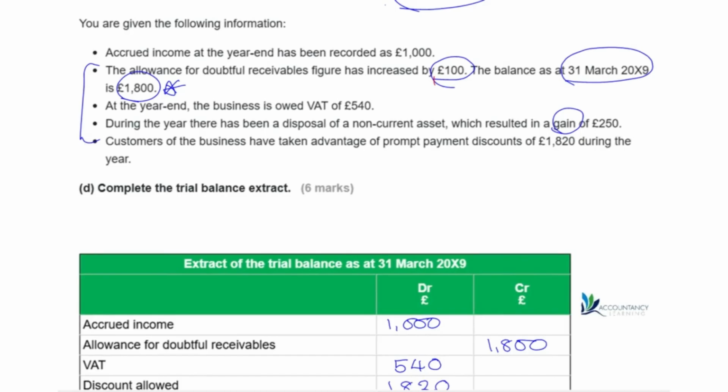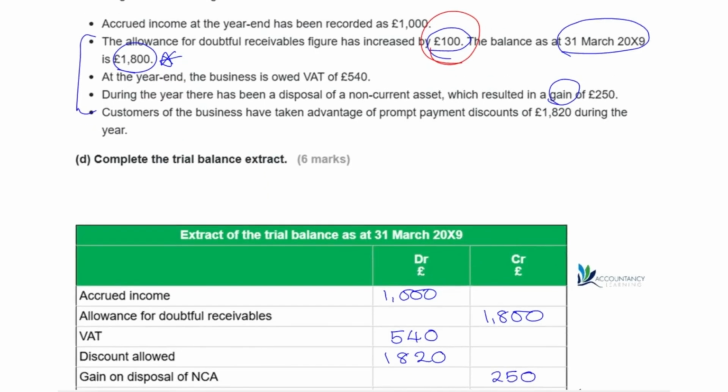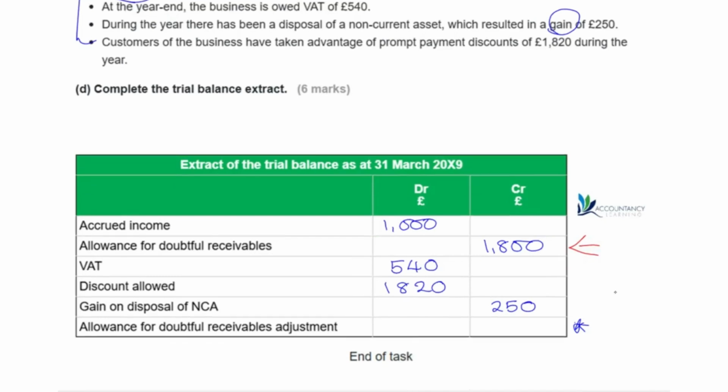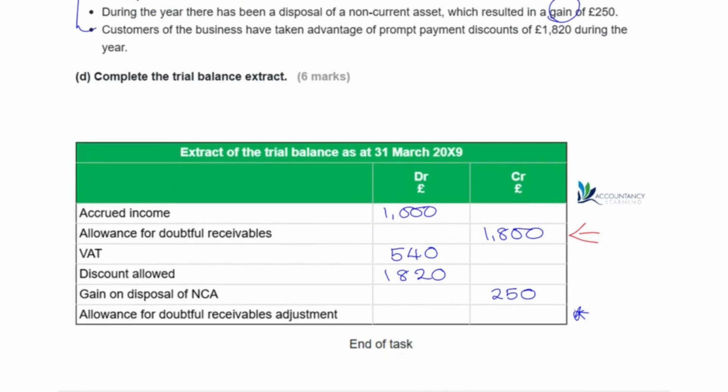And this is where we're now going to come back to this £100. So the 1,800 was our balance at the end of the year, but that's increased by 100. So it's going to be an expense to the business. So we put our £100 debit for the adjustment on the allowance for doubtful receivables. That concludes task 3.